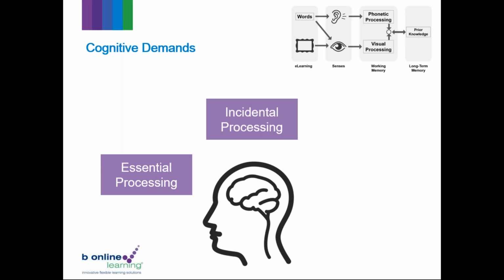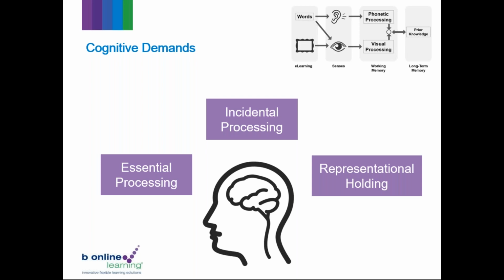If there's stuff in there that's not really related, but it's there just to pretty things up, it's not supporting the learning in any way. It's called incidental processing, and if it's still there, potentially people are processing it. And then there's another type of demand called representational holding, which is a fancy term, but it means people having to hold information in their working memory to use in other parts of the course.